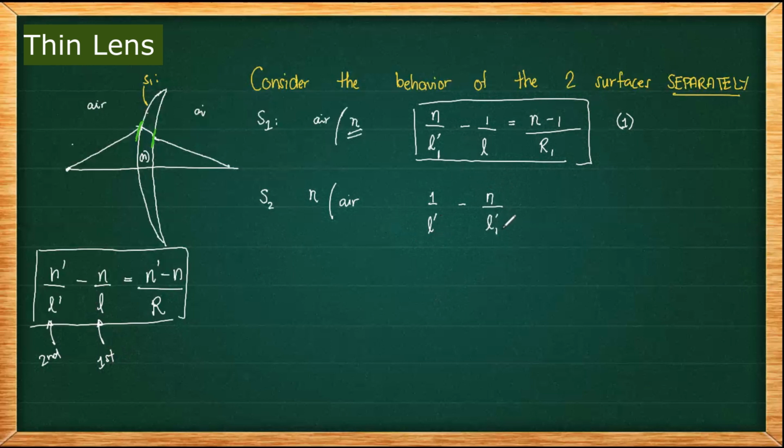The object here is the image from the previous surface. So the left-hand side of the equation will look like this, and the right-hand side will be 1 for n prime, 1 minus n.